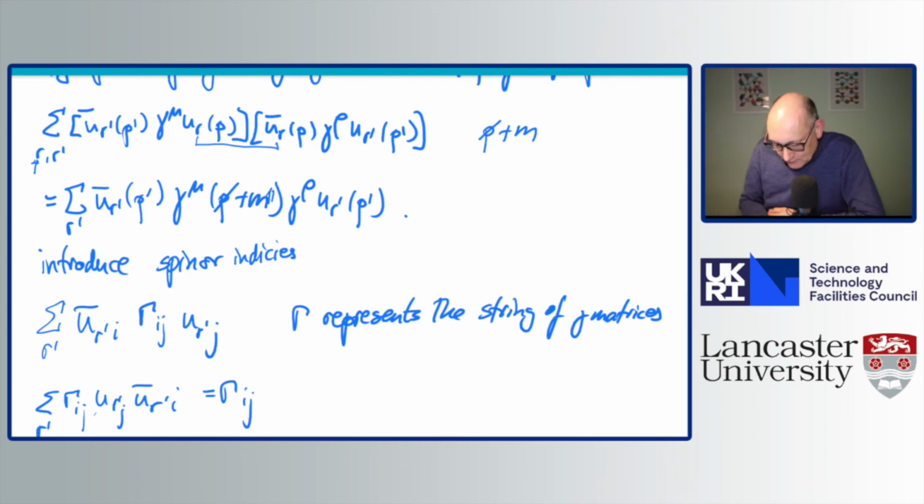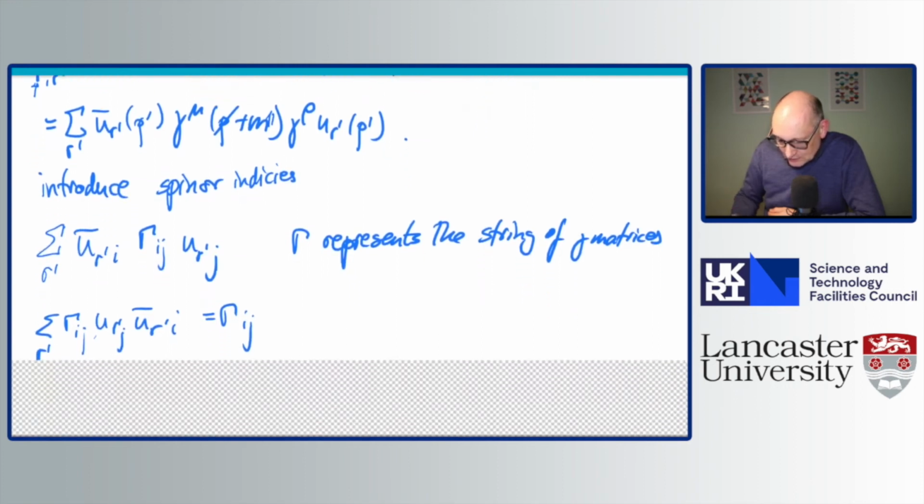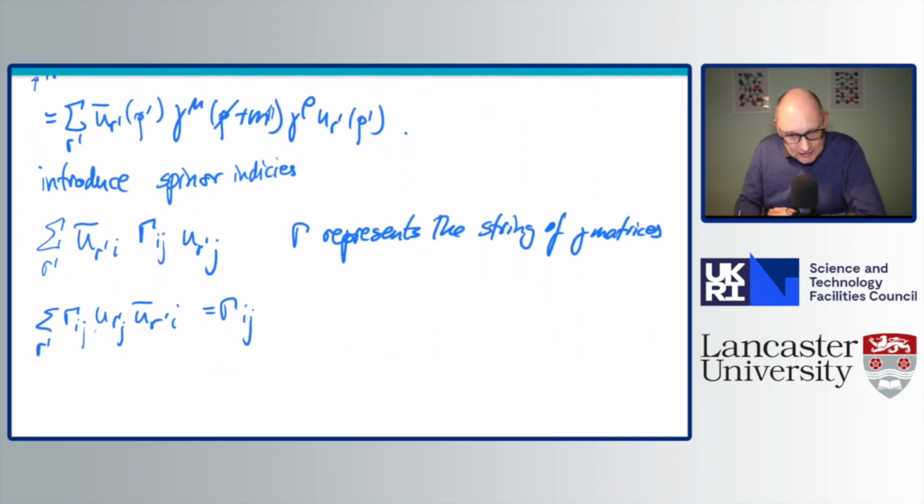If you only have the j and the i components of the u and the ū, then you get the ji component of that p slash plus m matrix. So actually what you get here is (p′ slash plus m·1)_ji.